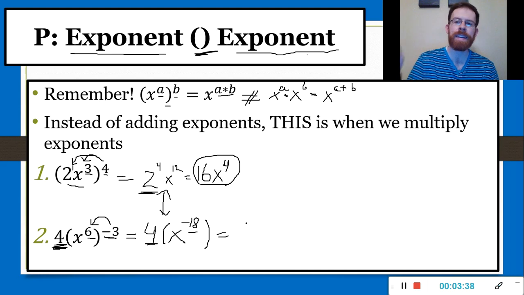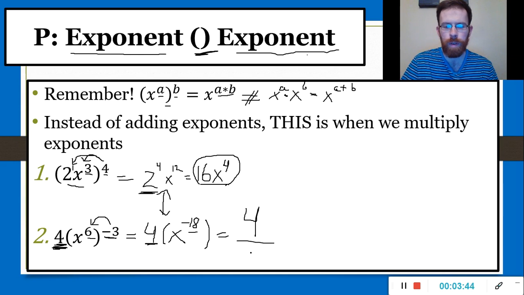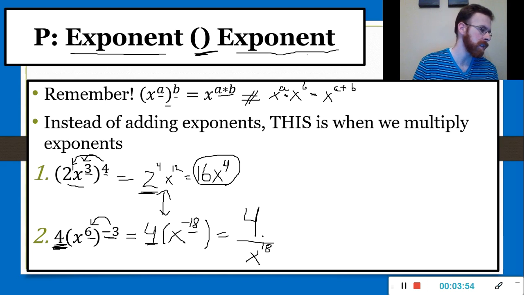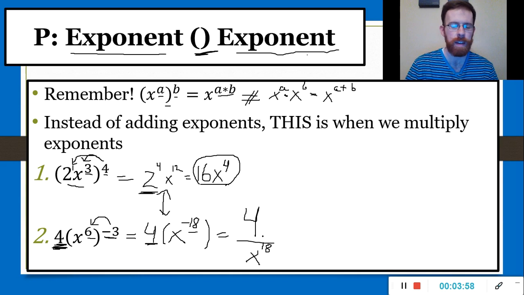We put it in the denominator, that's right. So this is 4 over x to the 18th power. Now that's a super big power, but it's a very small value because it's in the denominator. I'm not even going to give a situation because I would have to raise something to the 18th power, and that does not sound fun to me.